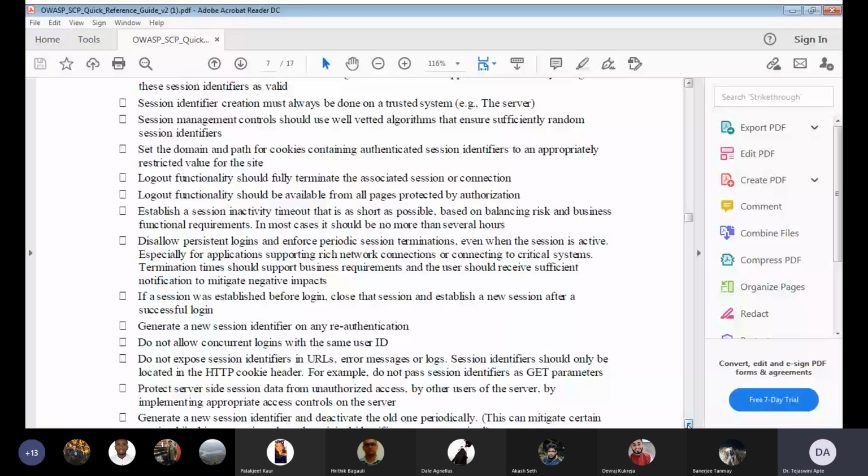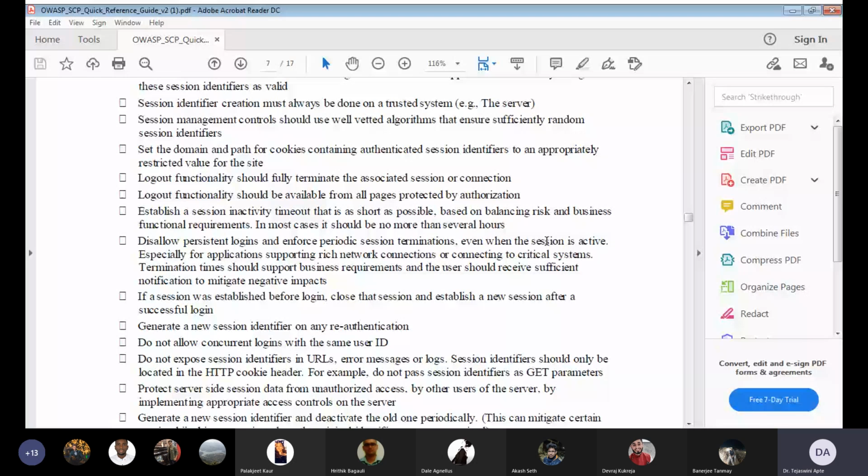This allows persistent logins and enforces periodic session termination even when the session is active. Suppose I am downloading something. Even if I am the authenticated user, my network connection may break, and I need to authenticate myself again. So session is really important.